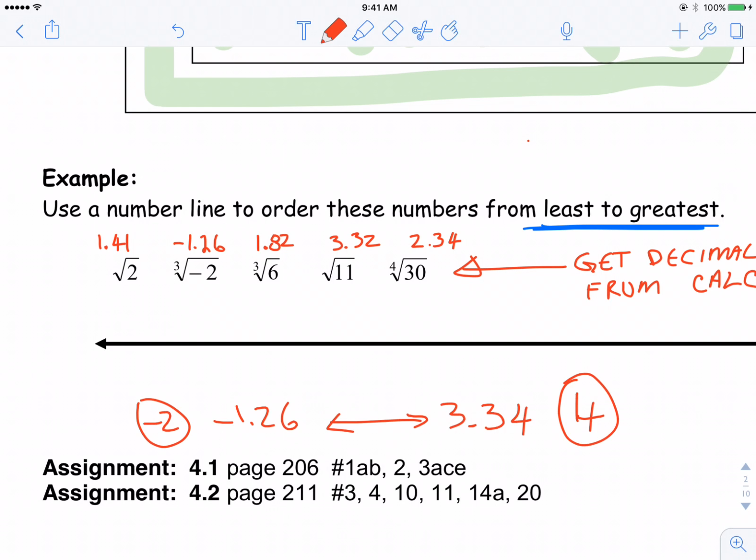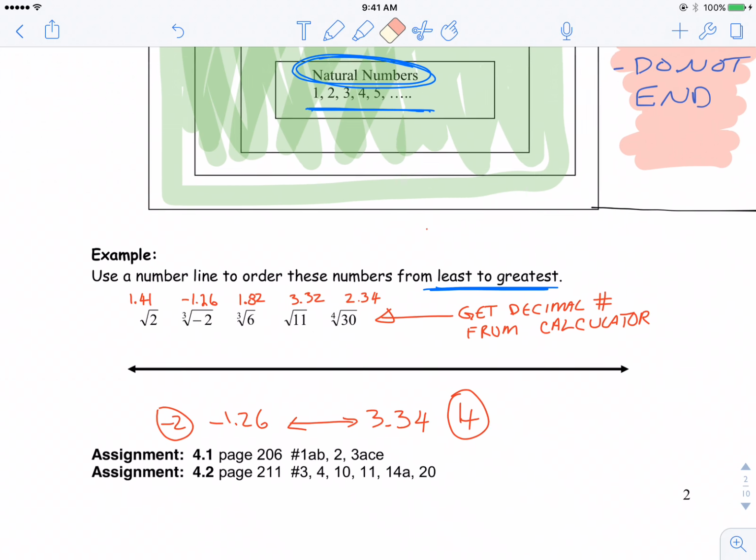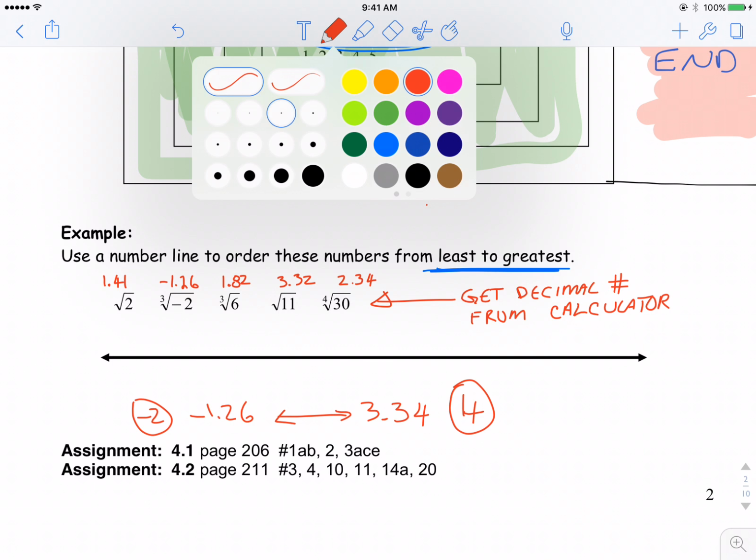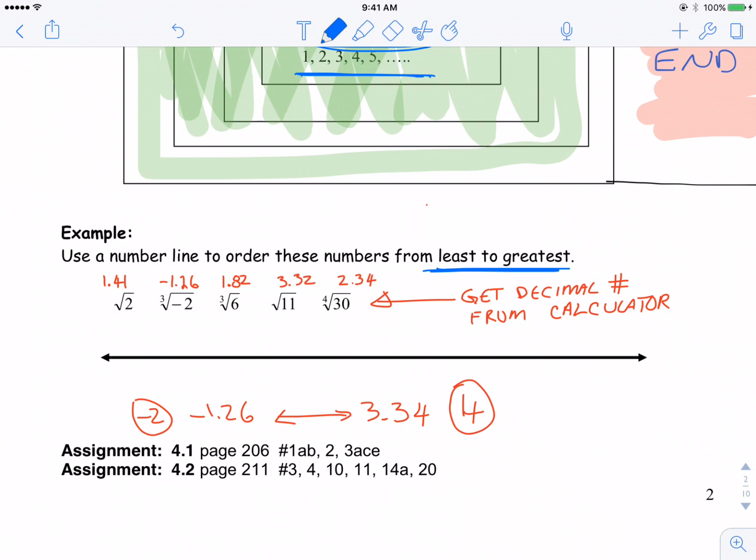You want it to be a little bit higher than your highest value and a little bit lower than your lowest value. And then you plot these numbers on your number line. The first thing I need to do is get my numbers on my line. I'm going to put 0 a little bit to the left, because I only need -1 and -2. And I'm going to go 1, 2, 3, 4.